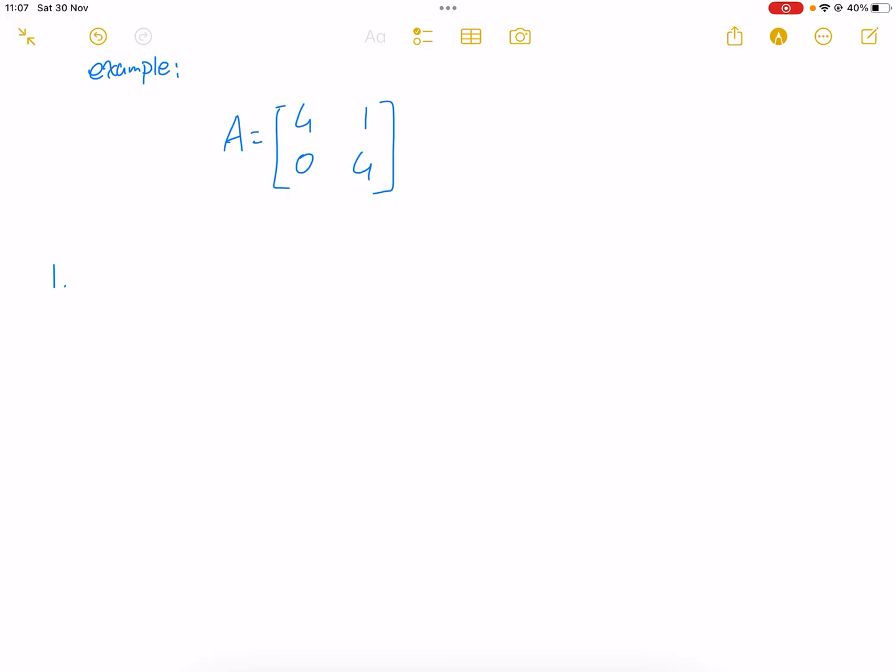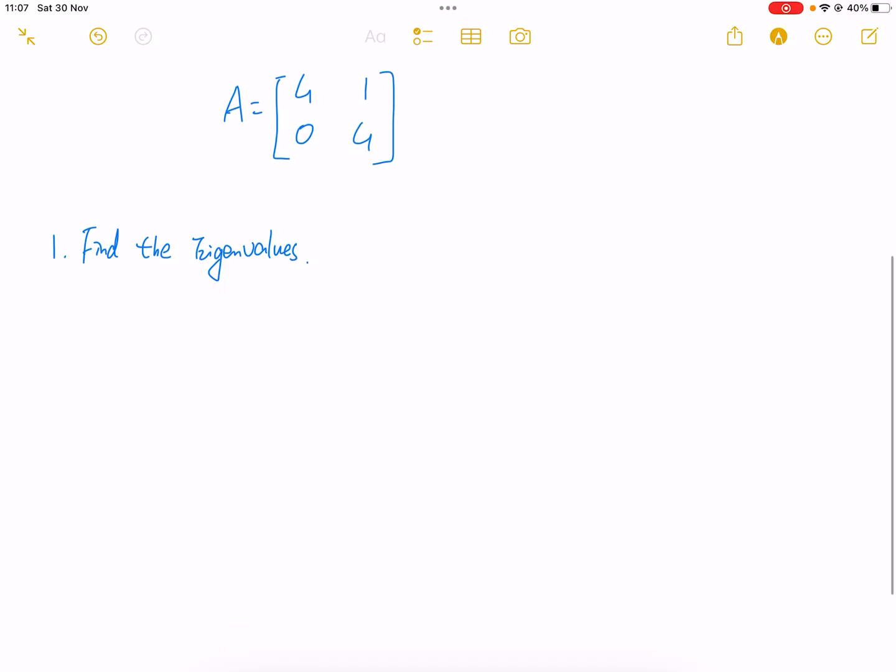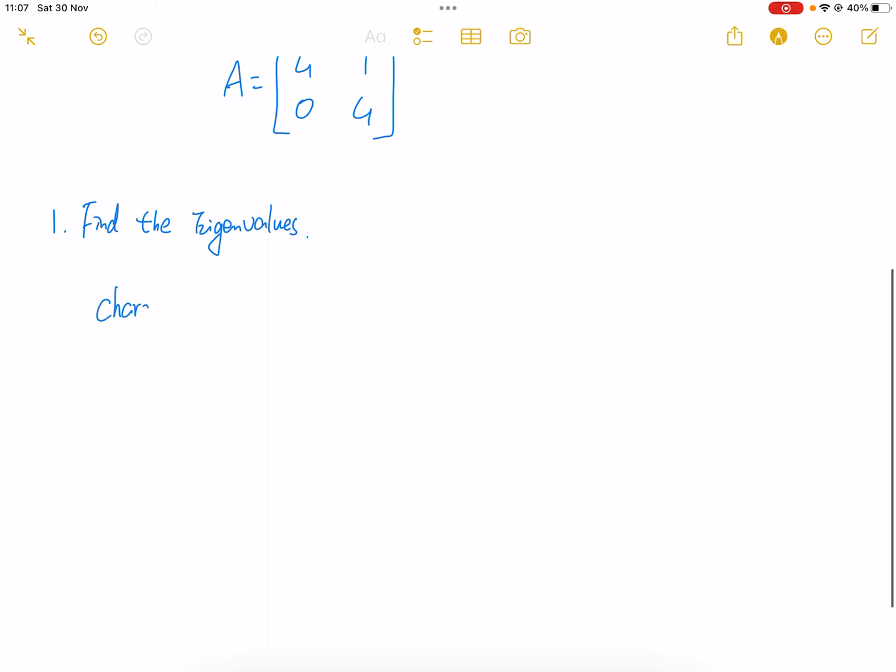So first, find the eigenvalues. The eigenvalues are the solutions to the characteristic equation, which is the determinant of matrix A minus lambda times the identity matrix equals 0.